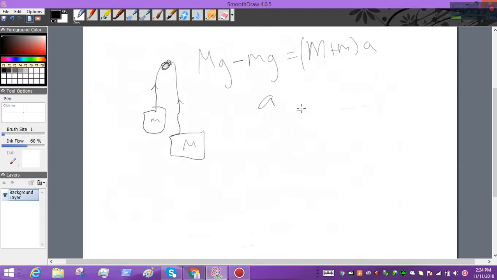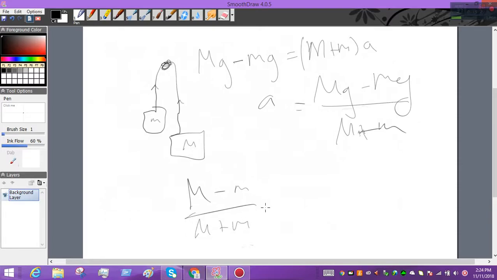So our acceleration simply equals big M times g minus little m times g over big M plus little m. And you can rewrite that as big M minus little m over big M plus little m, times g.